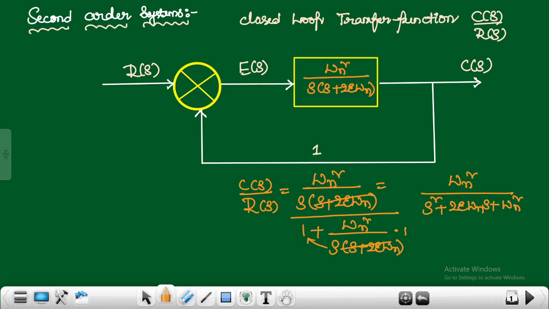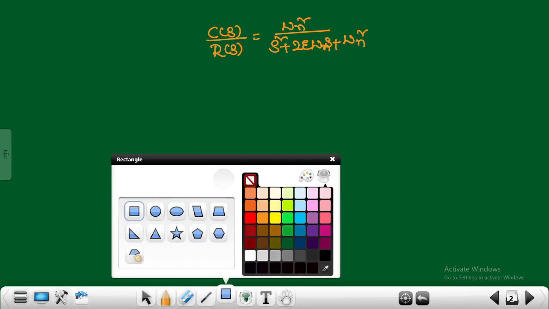I will write that also in the next page. C of s divided by R of s is equals to omega n square divided by s square plus 2 zeta omega n s plus omega n square. So this is called as the standard form of the second order system.